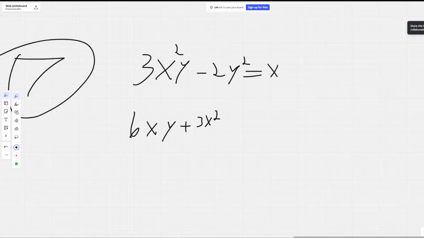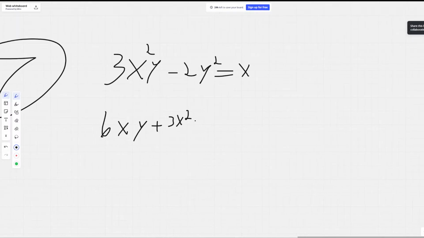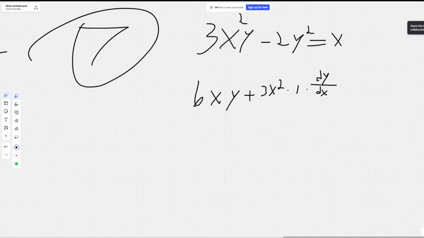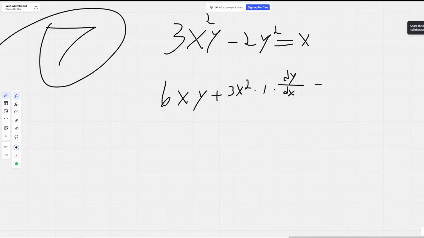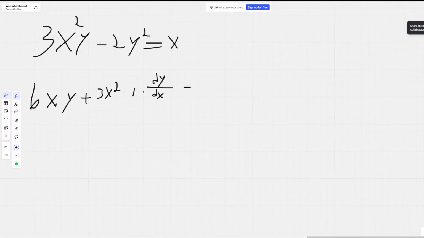3x squared times 1 times, oh, for that part, so dy over dx, minus 4y over dx.